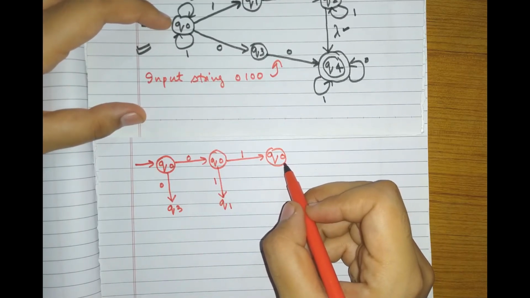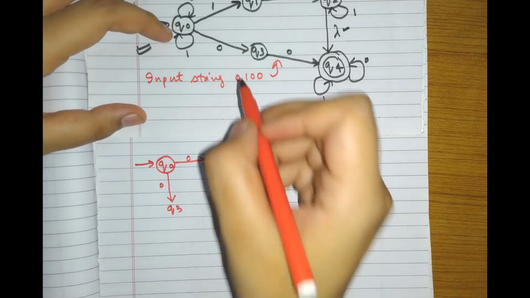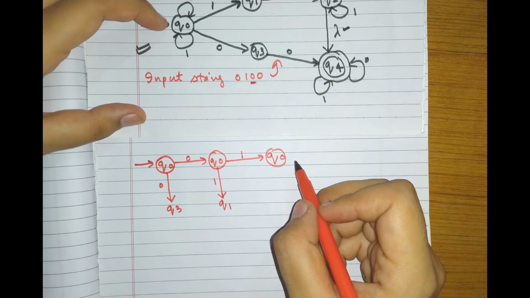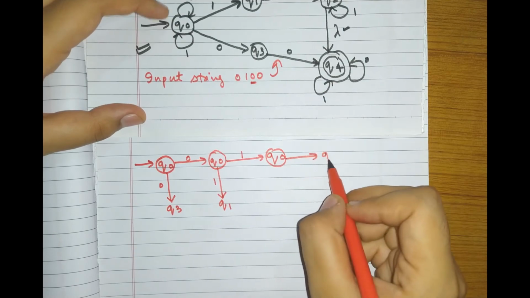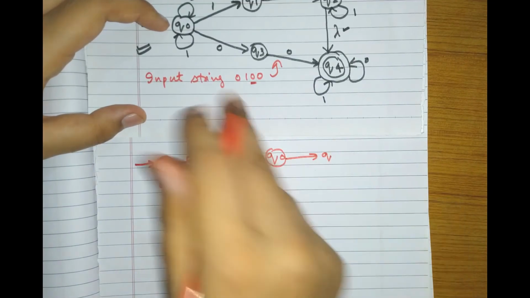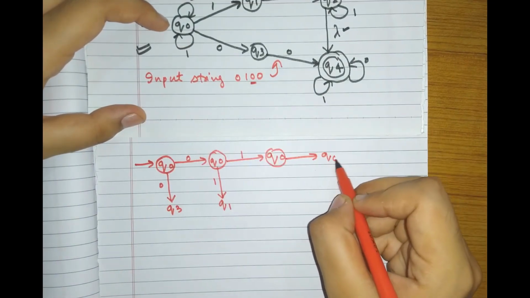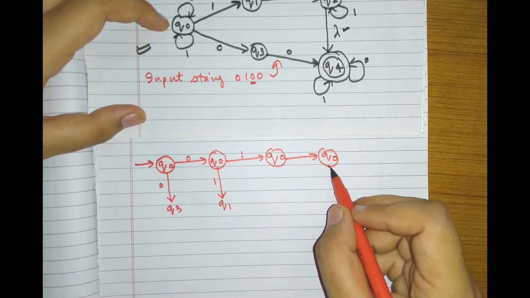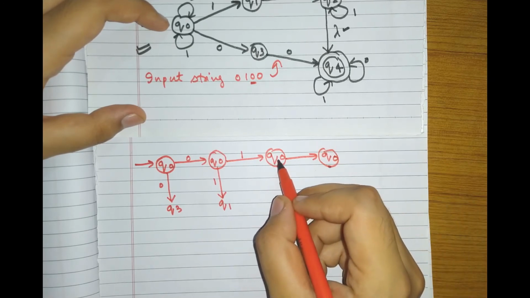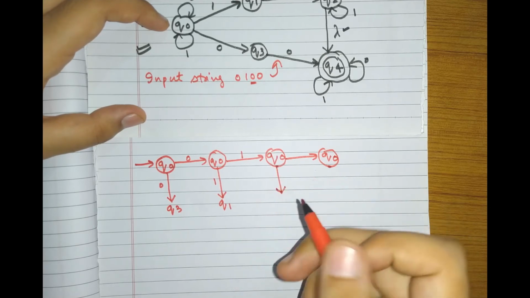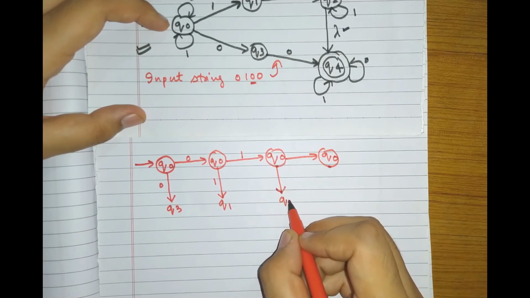If we are in state q0 and receive 0, we again enter two states: q0 itself and q3.